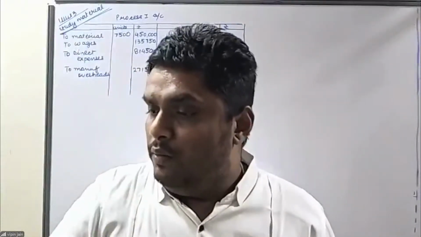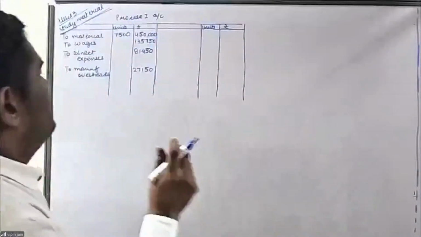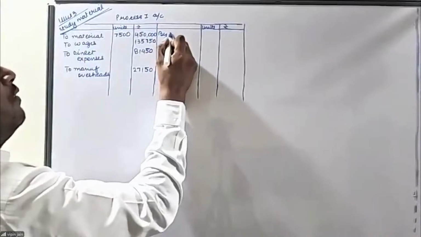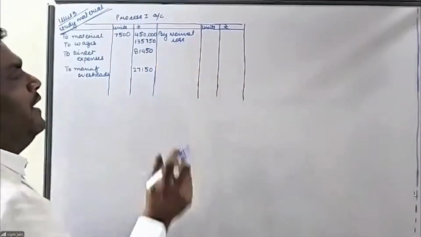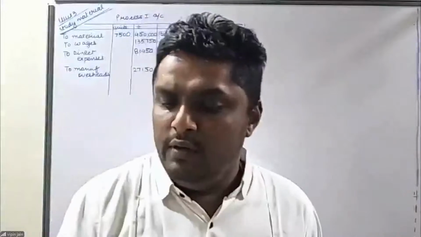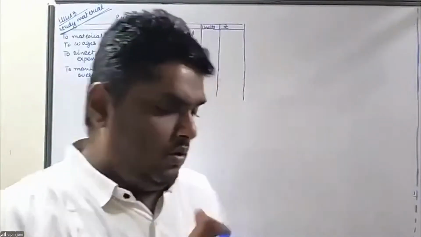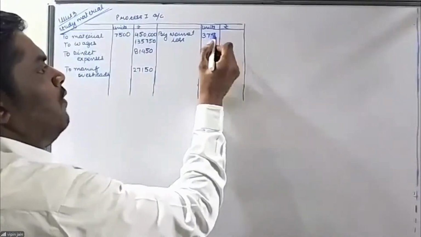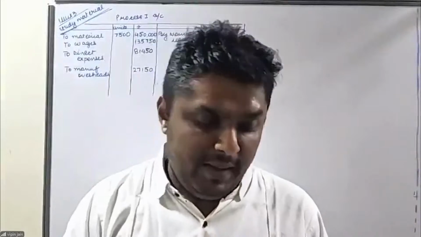Further, when talking about the normal loss, it is 5% of input. We have recorded all the expenses, now the normal loss. It is 5% of input, so this will be 375. Further, the scrap value is also given, that is 12 rupees 50 paisa.